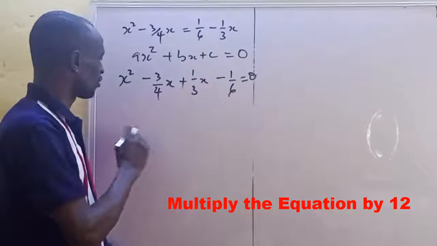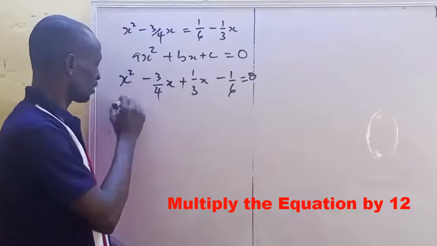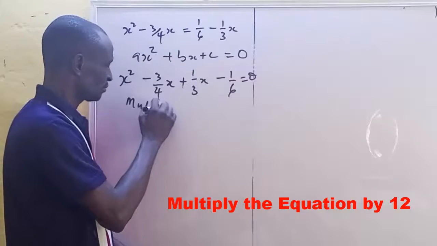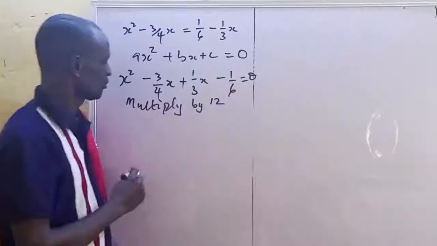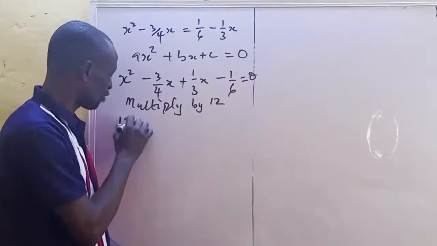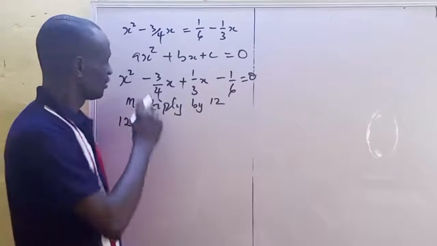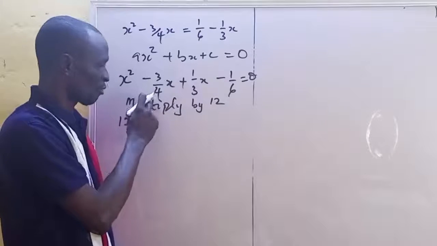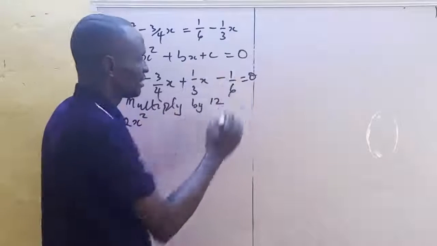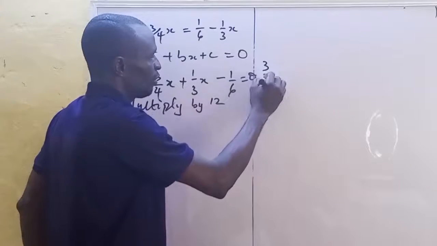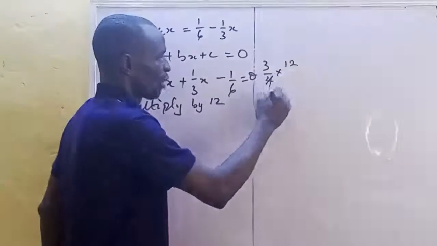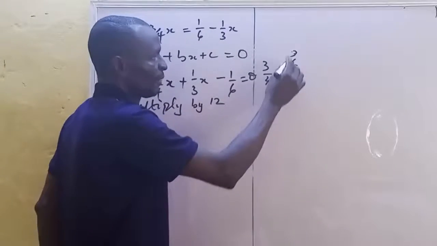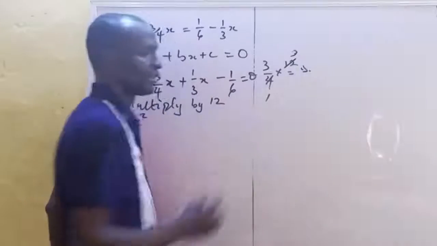Multiplying all through by 12. 12 times x squared is 12 x squared. 12 times 3 over 4: 4 into 12 is 3, 3 times 3 is 9.